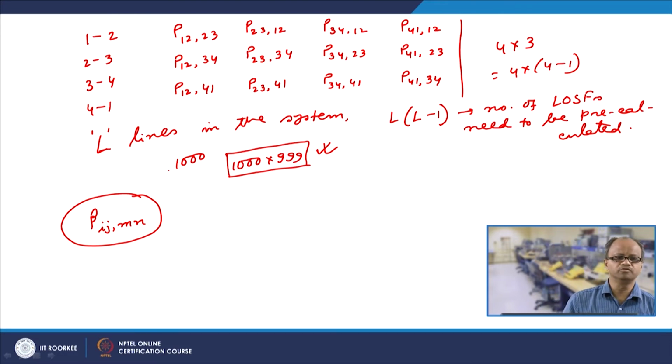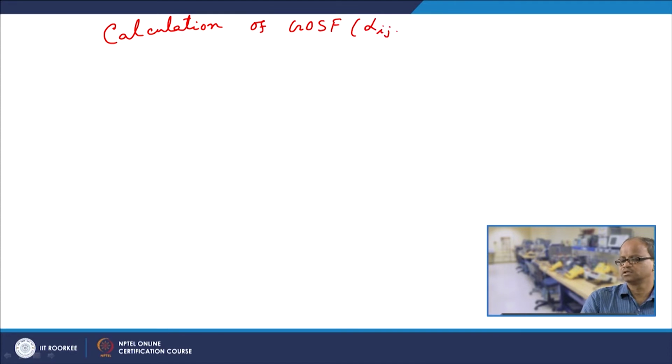But now we have to see how these GOSF are to be calculated and what form they take, and unless we do this, we will not be able to appreciate the advantage of this approach. So, let us look into the calculation of this, which is essentially L phi j k.